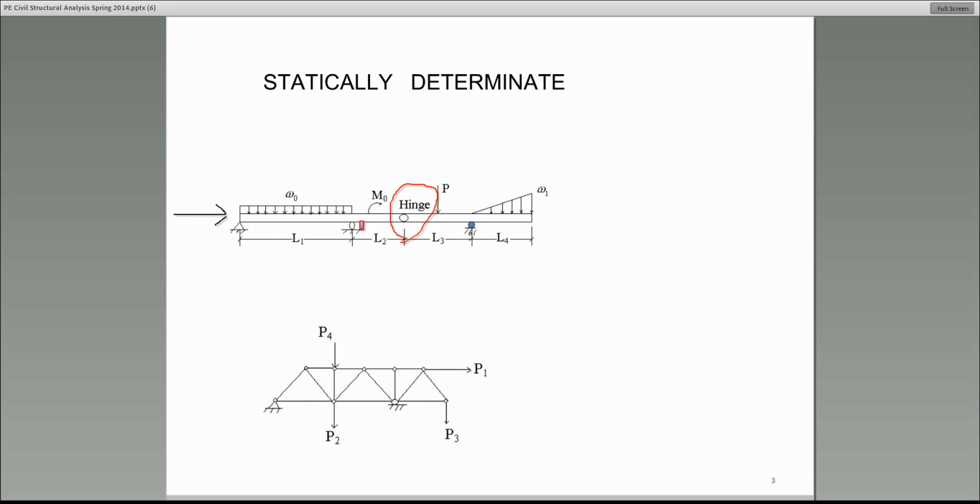Now, what happens with an internal hinge is that the internal hinge gives us one additional equation of equilibrium. Write that down. An internal hinge gives us one additional equation of equilibrium. And this is something that they can and they will do on the test, all right?